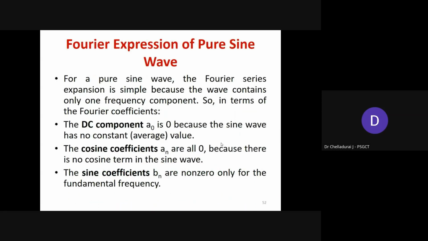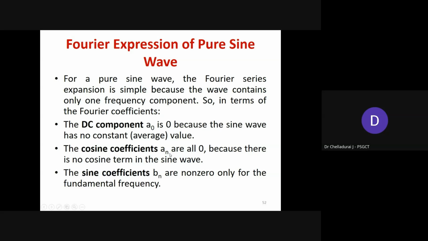Then if we apply the Fourier series expression for a pure sine wave, we check A0, then An and Bn, the even order and odd order harmonic components present in a pure sine wave. The DC component present in a pure sine wave is always equal to 0.